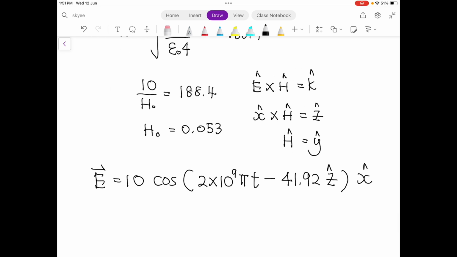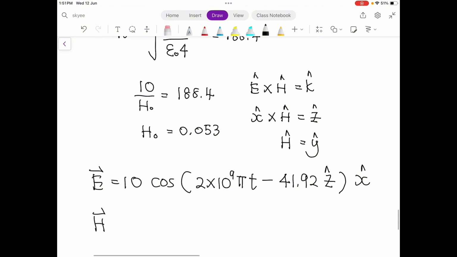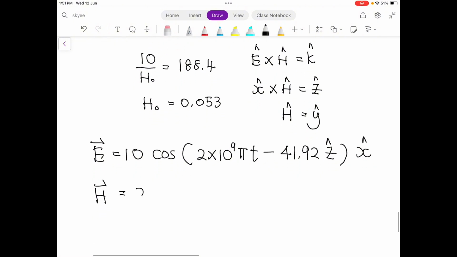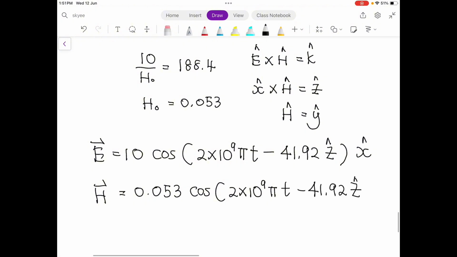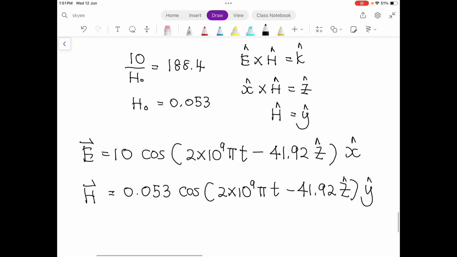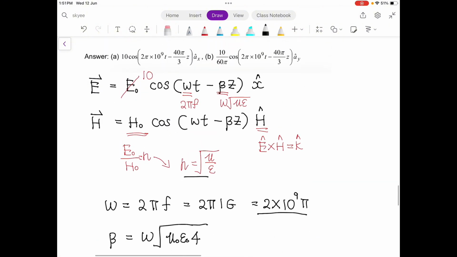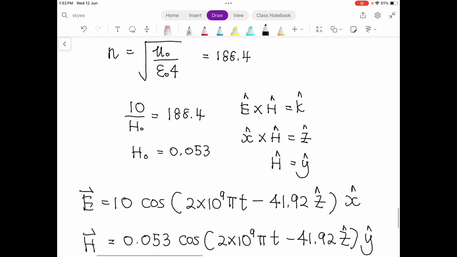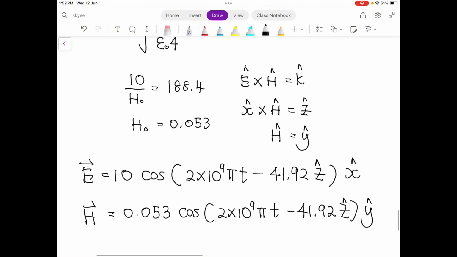So this is the electric field. As for the magnetic field, the amplitude will be 0.053 cos of 2 times 10 power 9 pi t minus 41.92 Z, and the direction is the Y direction. So these are the electric and magnetic fields. Let's check the answer: 10 over 60 pi is 0.053. So this is the correct answer for this question.